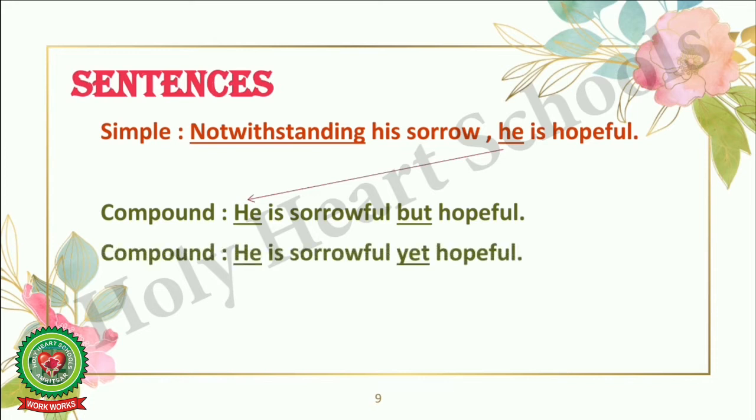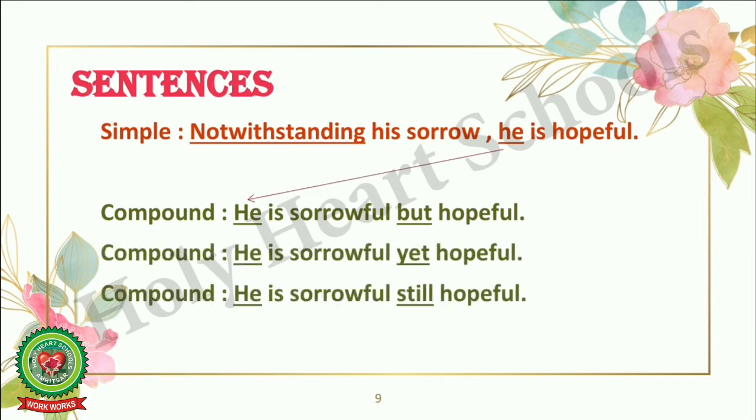He is sorrowful yet hopeful. He is sorrowful, still hopeful. Now students, keep one thing in mind. When we are transforming the sentences, the structure of the words may change, but the meaning should not change. Like in this statement, we have converted sorrow into sorrowful. Otherwise, the sentence would be incorrect.